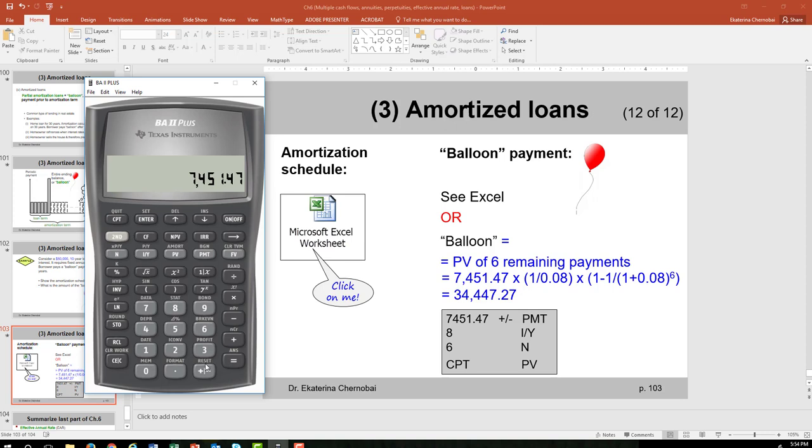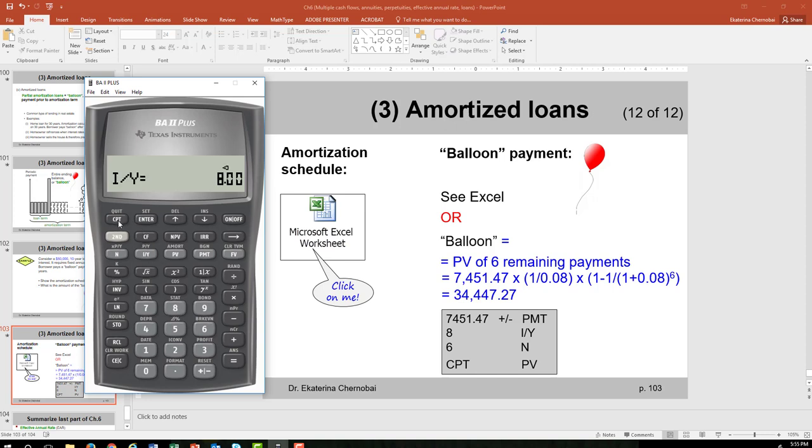Payment is $7,451.47. Let's make it negative. The only reason we make it a negative number is so that when the calculator shows us the answer, it's shown without any negative signs. We save it as payment, PMT, the repeating annuity amount. We have 6 of those future payments, so we press 6 N. 8% is the interest rate that we are paying to the lender, 8 IY.